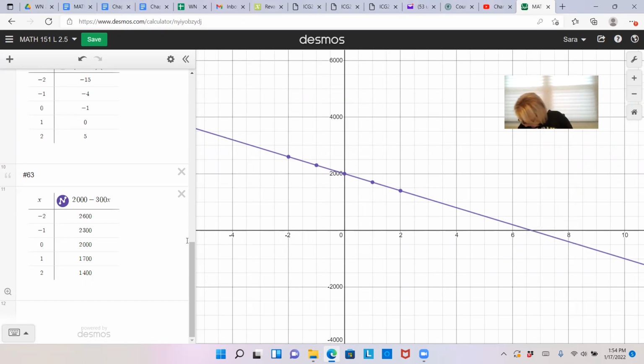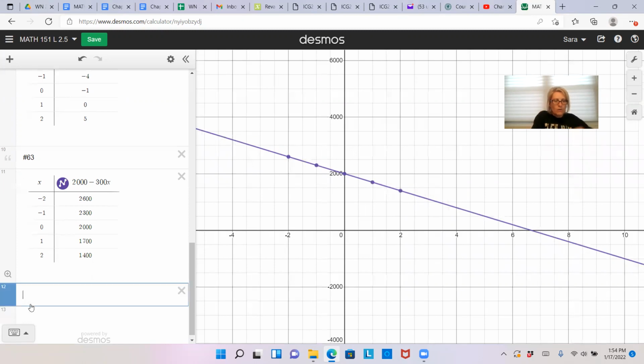Okay. And it says, again, find the average rate of change of the value of the computer between the interval 0 to 3. So we need to do that. We need f of 3.